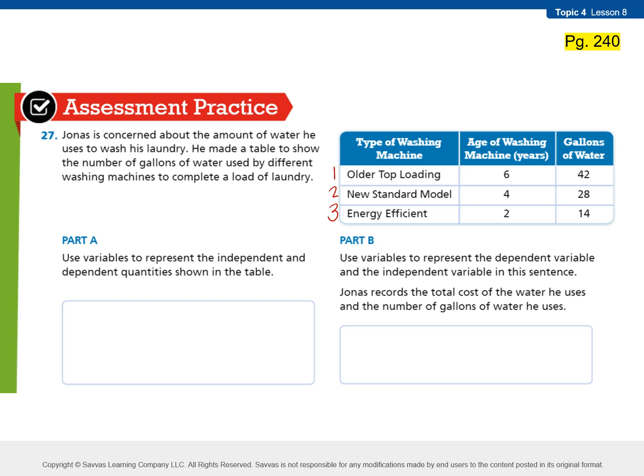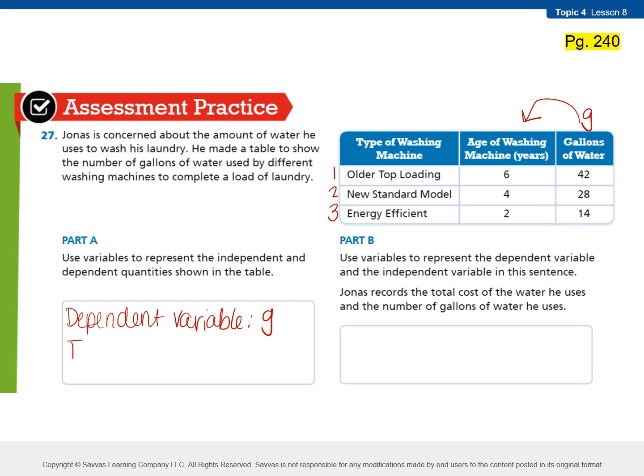So think about it. The number of gallons of water used is probably depending on what? The age of the washer in years. So your dependent variable would represent, we're going to go with G, your gallons of water, because my gallons of water are depending on the age of the washing machine, like how many years it's been around, okay?